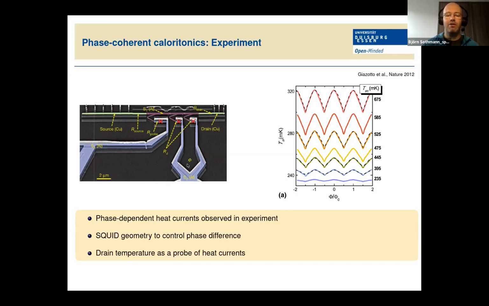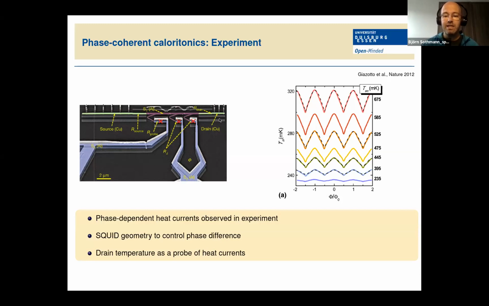And now the idea of the experiment is as follows. You heat up the source, so heat will flow from the left into the structure, and it can then go either down into the superconductor or flow into the drain. And so if you now modulate the magnetic flux, you modulate the thermal conductance of the Josephson junctions, and this in turn should modulate the temperature of the drain in a flux periodic way.